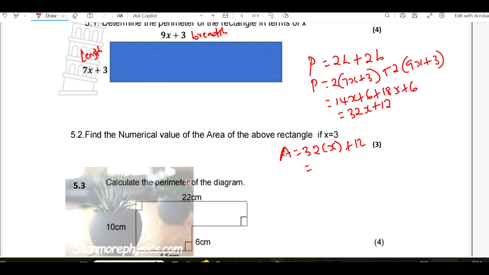So the answer is going to be 32 times 3, hundred and 108.